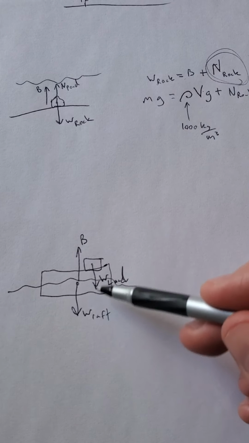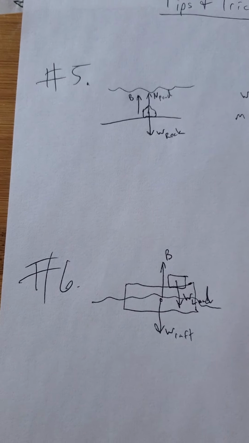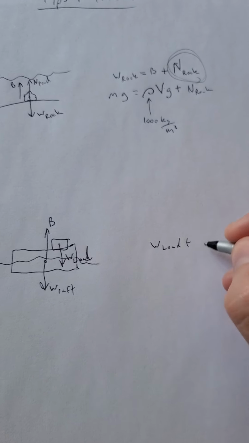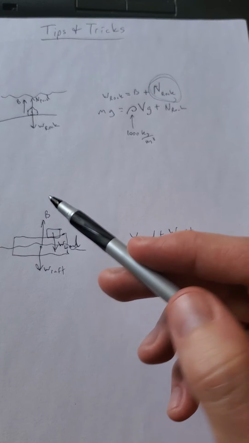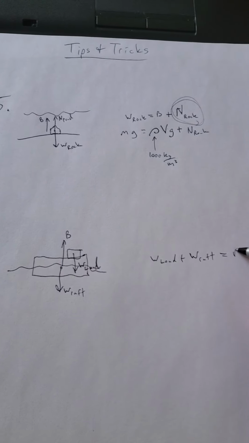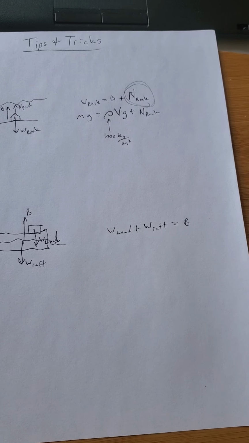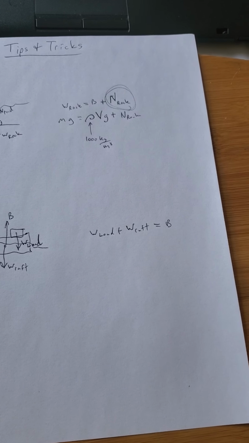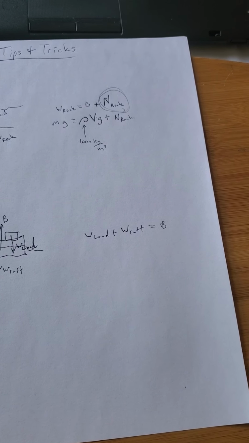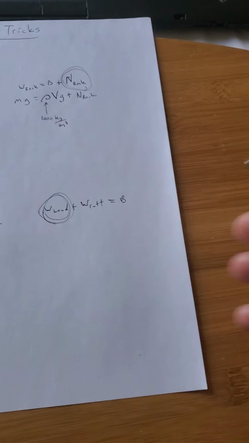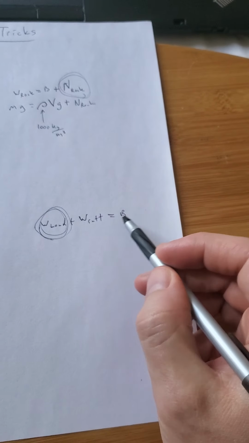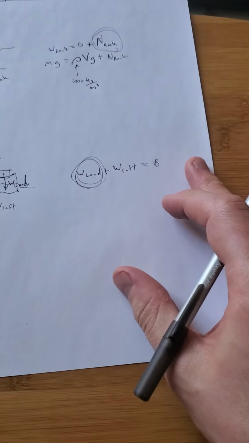I've got 2 arrows going down, they're working together, and I've got 1 arrow going up. That's the buoyant force, so that must be on its own. Now we're solving for the weight of the load, so we must be able to fill in for the weight of the raft and for the buoyancy.